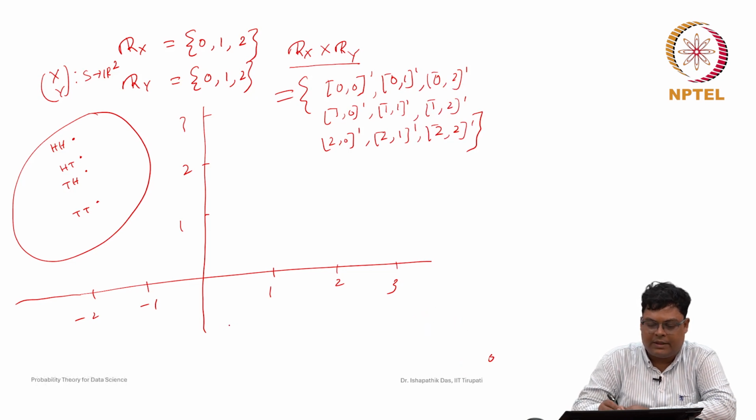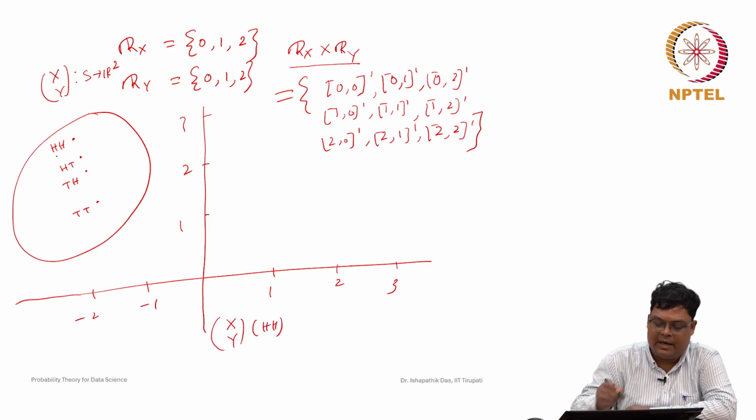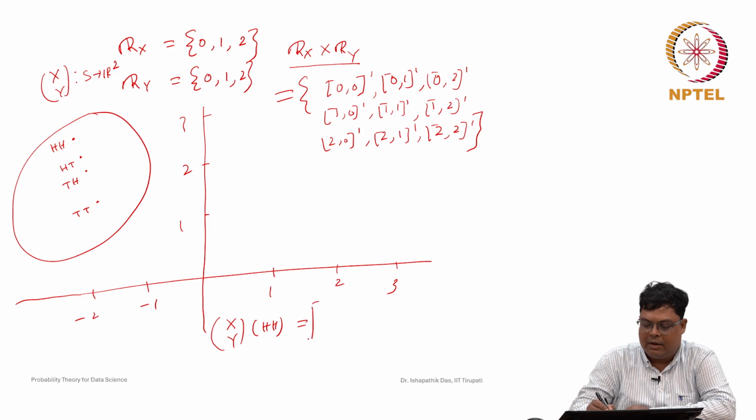Let us find out what (X, Y) of head head is, one of the elements of S. By definition, this is nothing but X of head head and Y of head head. X of head head is the number of heads, which is 2, and Y of head head is 0.